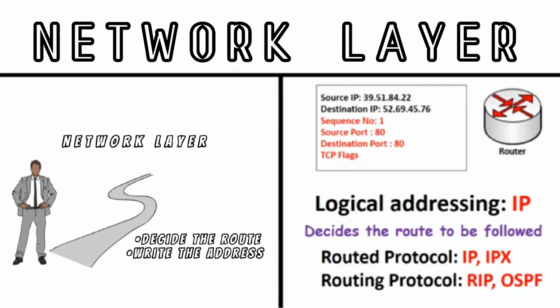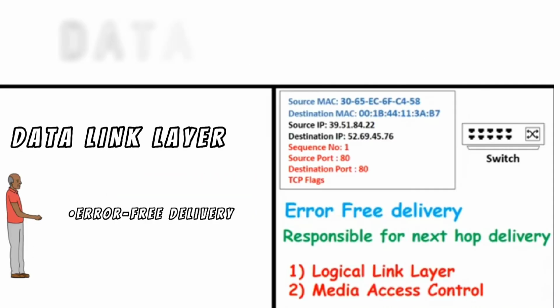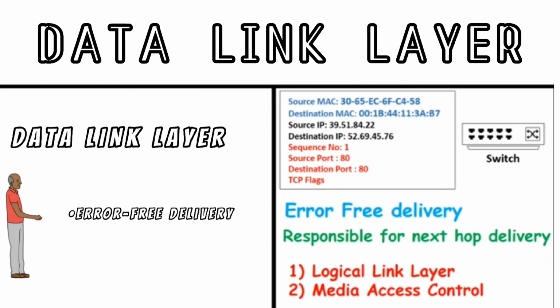There are two kinds of protocols in this layer: routed protocols and routing protocols. Routing protocols find out the shortest path from source to destination, and a routed protocol, for example IP, is used to send the data from source to destination. The device used to communicate among networks is called a router.